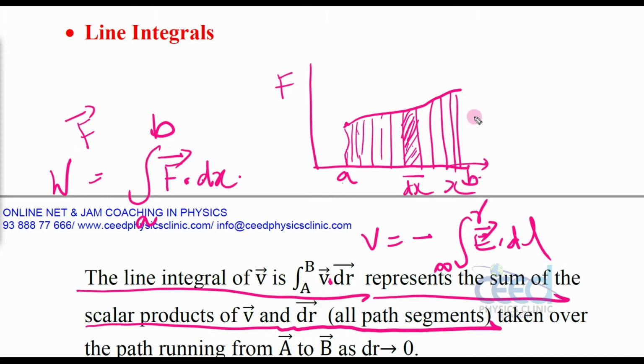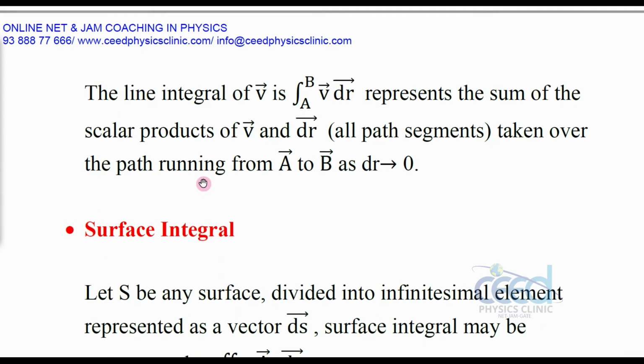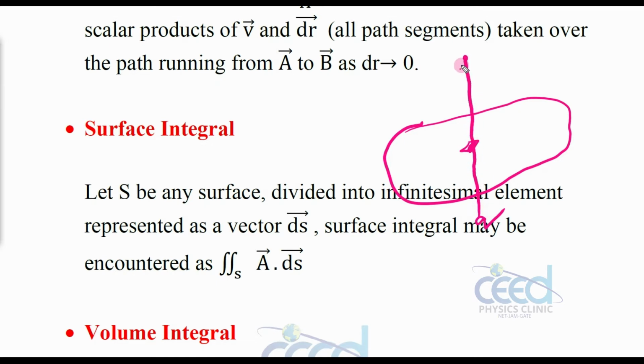Now let us go to the surface integral. What is a surface integral? Suppose you have a surface like this. Consider a small surface area on it, and imagine a charge is located here, so an electric field is passing out through the surface.